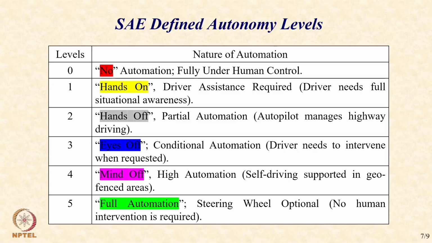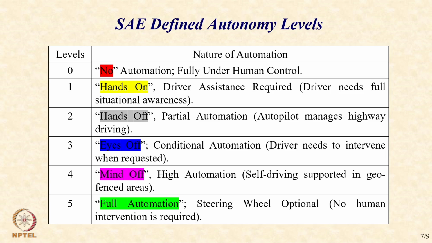Now, because currently the developments are primarily in the context of vehicles, SAE, which is the Society of Automotive Engineers, has taken upon itself the role of defining in some manner the various levels of autonomy that the vehicle should adhere to as a kind of a standard. So, this is in some sense a kind of a standard for autonomy which has been created for vehicles.